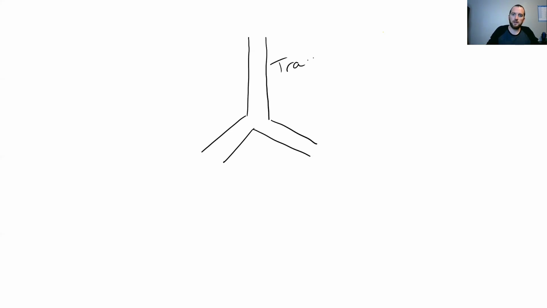Now, another part that's very unique between these two is when we look at that whole respiratory tract, right? We have our trachea, and then we have our big bronchi. So we've got a big bronchus on each side, the 2 big pipes that split to go to the right lung and the left lung.